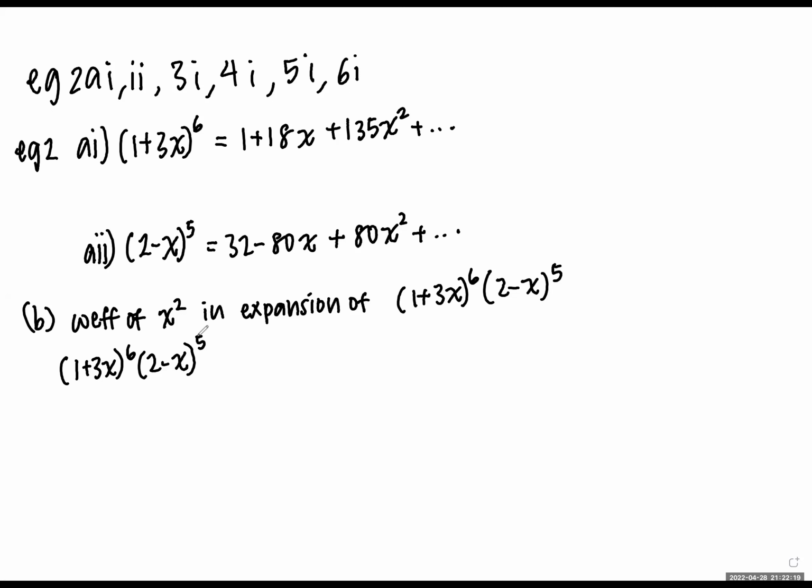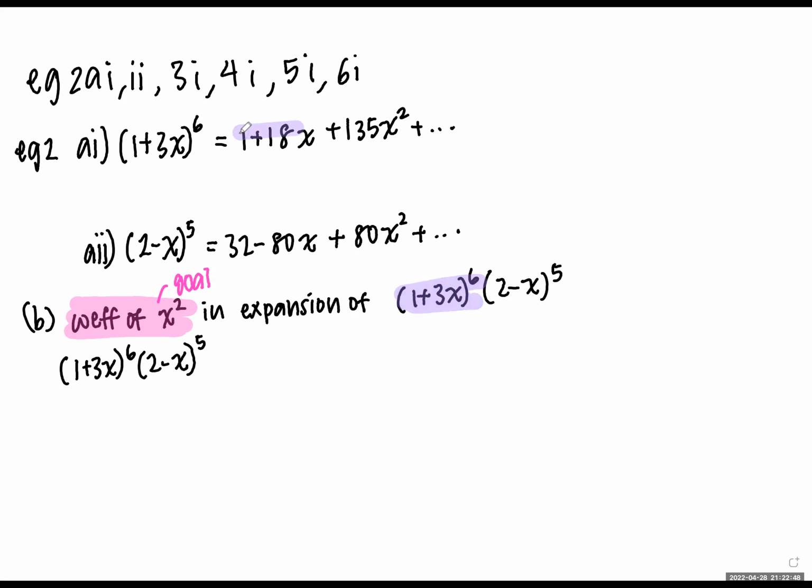Okay. So question number 2, you got this expansion, right? So can you see 2B? They ask for, can you see this is the goal that I want? This is my focus. The goal that I want is x squared, which means I focus on only getting x squared. Can you see this part highlighted in purple?